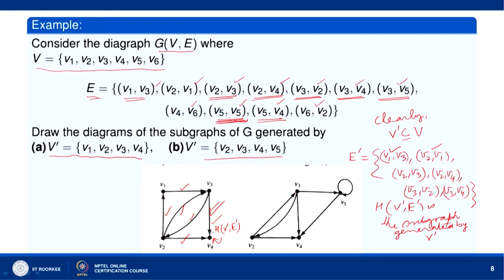Now, let us see the edges of this graph: these edges B2B3, you see B2B3 here. So, E dash for part B is B2B3, and then B2B4, then we have B3B2, then we have B3B4, then we have B5B3, then we have B5B5, and B5B4.